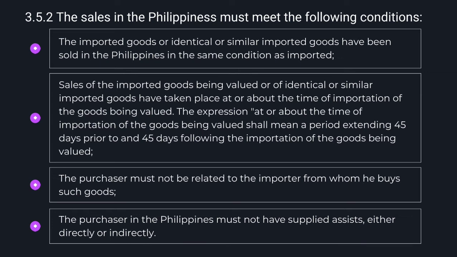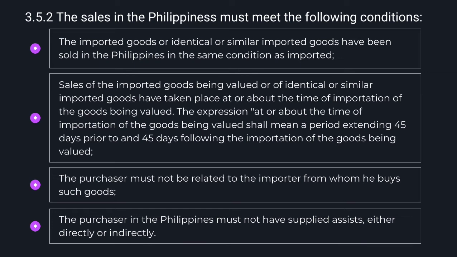Along with this, Section 704 of Republic Act number 10863, entitled An Act Modernizing the Customs and Tariff Administration, also indicates that where the dutiable value cannot be found using the previous technique, the dutiable value shall be the deductive value, unless otherwise requested by the importer in accordance with Section 700.